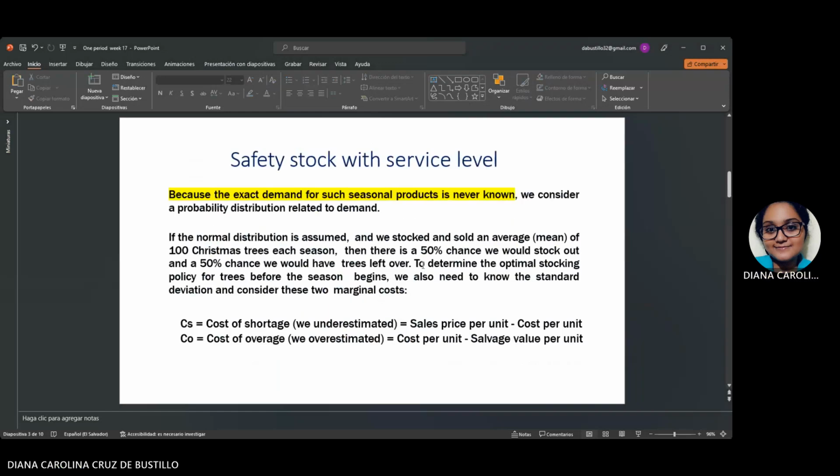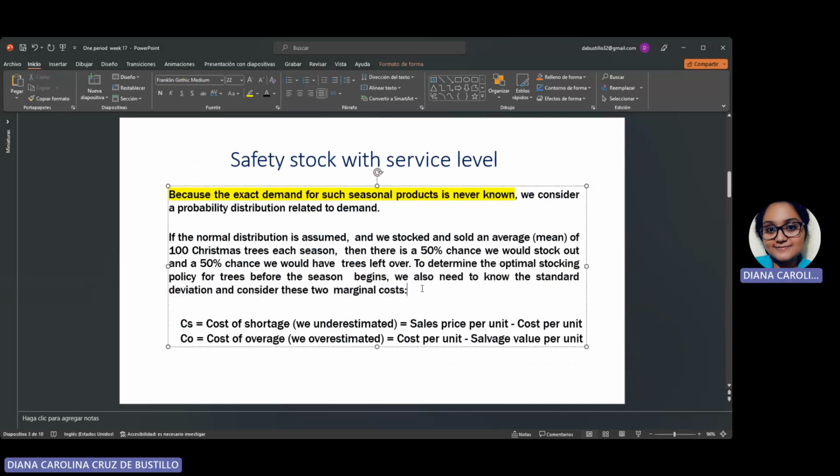Now, the reality is that you are not going to order the mean, right? You need to determine how much you would order in order to minimize the probability of both stock out and shortage, because each of the two represents different costs. How is that?